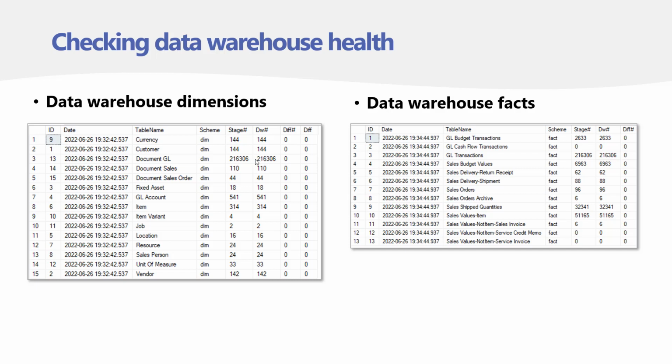So if this is the same, if there is no difference, then we say the system is healthy, which means we didn't do something wrong in the modeling, which with integration can quickly happen. And the same situation is for the data warehouse transactional tables or dimensions. This is something you have to keep an eye on every time you do customizations, and you should have a system in place that you can quickly monitor the differences, if there are any, or check that everything is fine.